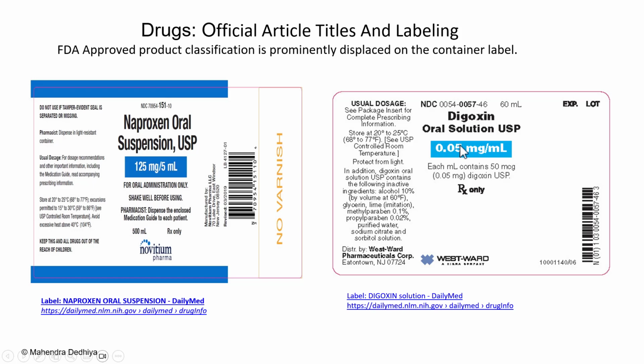Digoxin oral solution clearly states it's an oral solution for oral administration. In addition to that, information such as the strength, 125 milligram per 5 ml for naproxen, and for digoxin, 0.05 milligram per ml is clearly displayed.